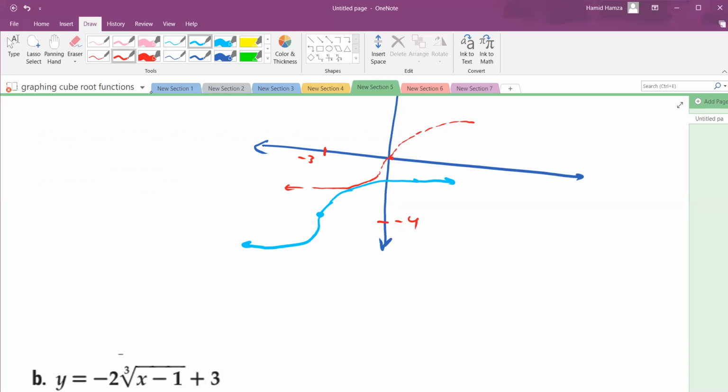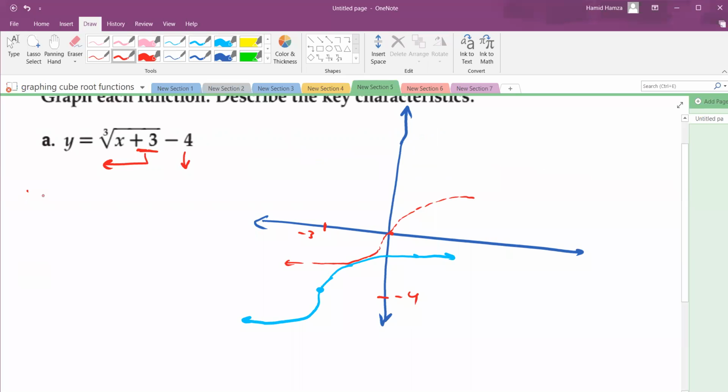So now let's study the characteristics. What is the domain, guys? What is the domain? Sorry. What is the domain?